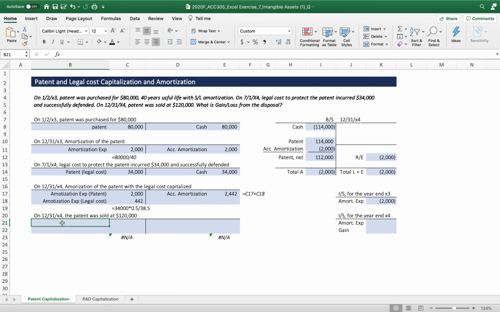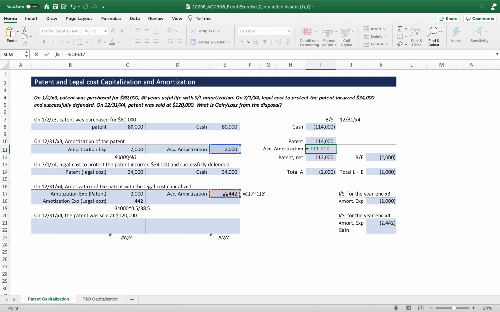Now the patent was sold at $120,000. Before jumping into that, let's put this journal entry into the balance sheet and the income statement at year-end 4. Here, the amortization expense at year-end 4 is negative 2,000 and negative 442, and then accumulated amortization, now we add up to 2,442, and then amortization expense.